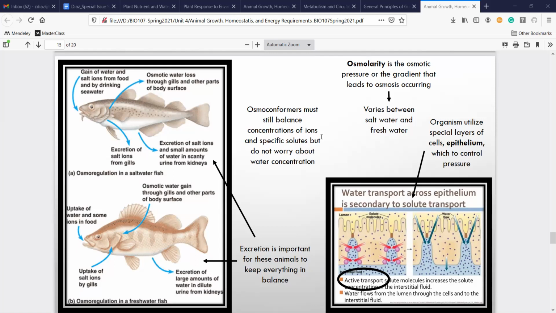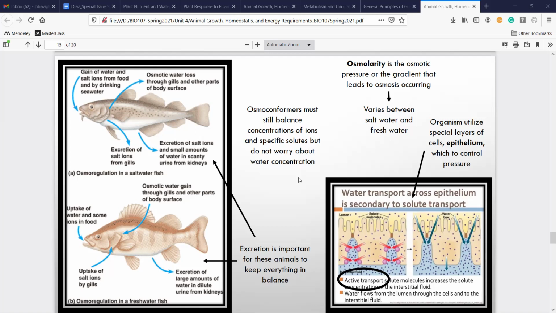Naturally, you're going to be losing water or salts to your environment when you pee, or sweat, though they're not sweating because they're in the water, but that's going to happen. And so osmoregulators have ways of pumping solutes in and out.